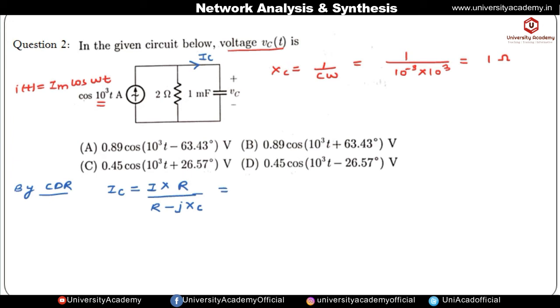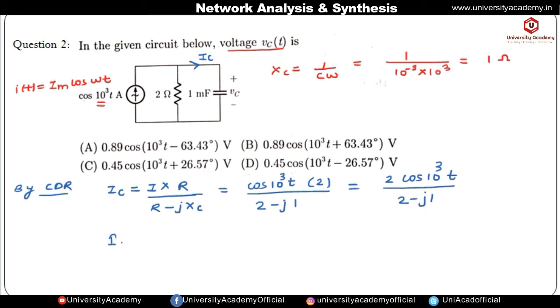The total current given here is cos of 10 to the power 3 into t, and the resistance value is 2 ohm, divided by 2 minus j, and the Xc value is 1. So this can be written as 2 into cos of 10 to the power 3 into t divided by 2 minus j into 1.